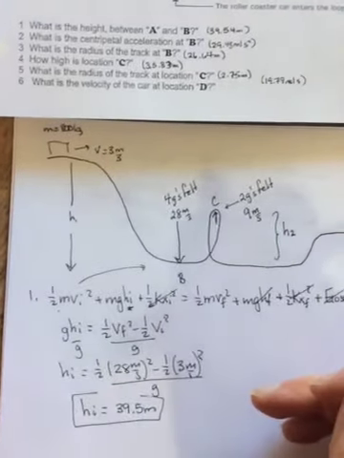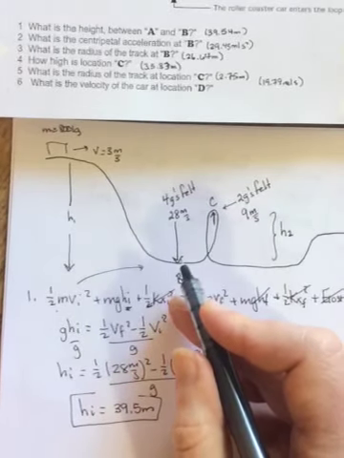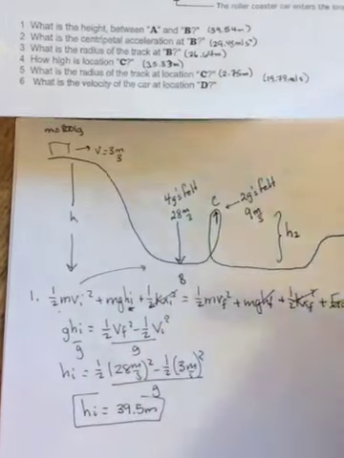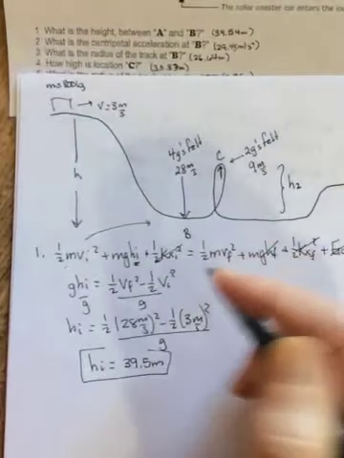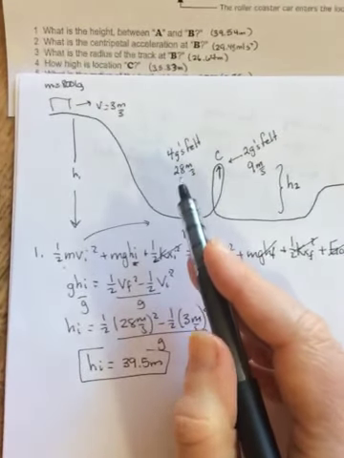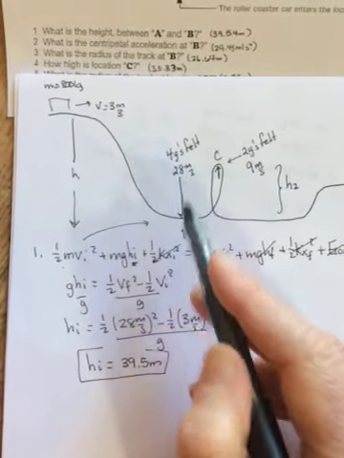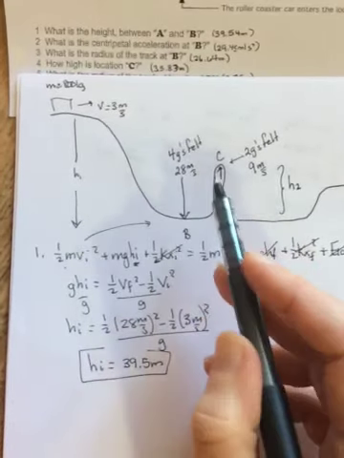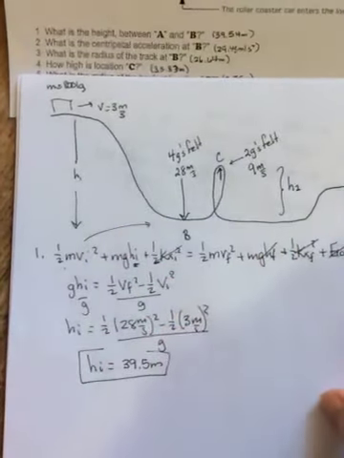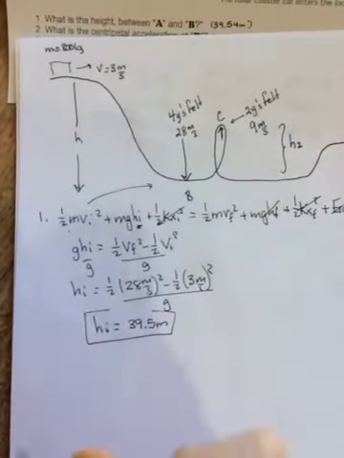Part two says, what is the centripetal acceleration at B? So down here at the bottom, what's the centripetal acceleration? Well, we know a_c is equal to v squared over r, and we have v, but we don't have r, so we can't use that equation. But we're also given the number of G's felt.